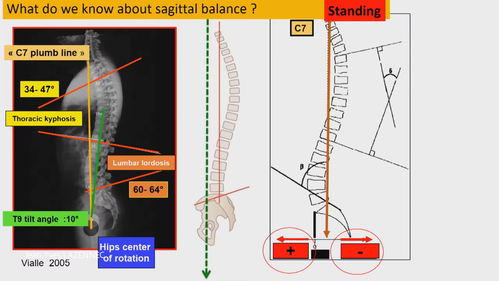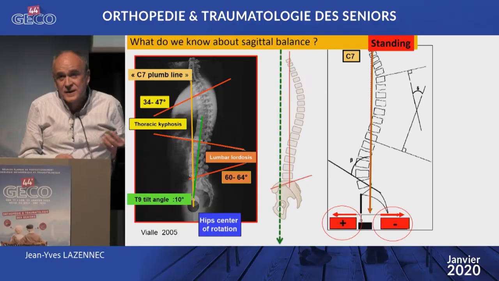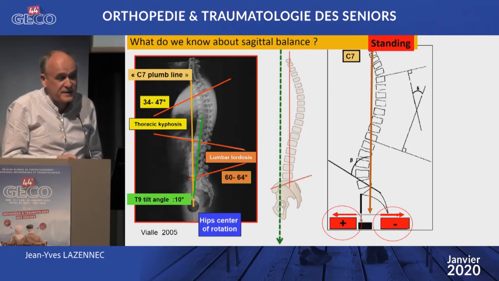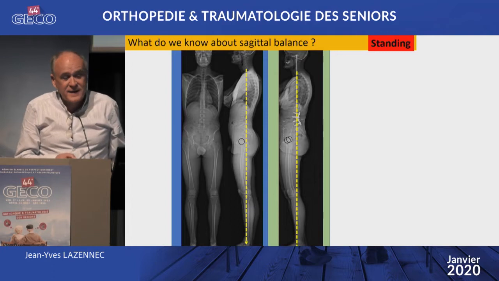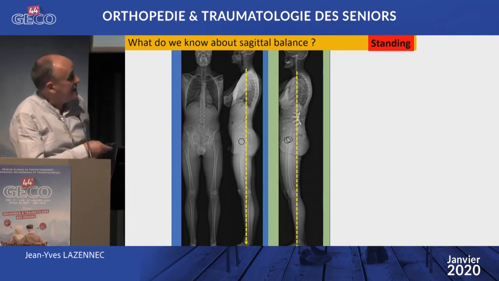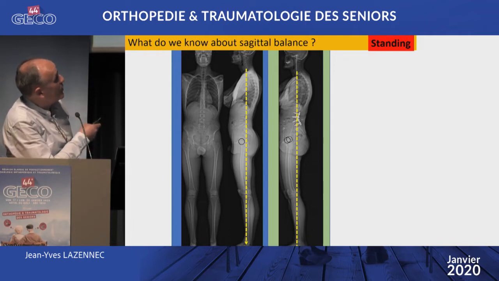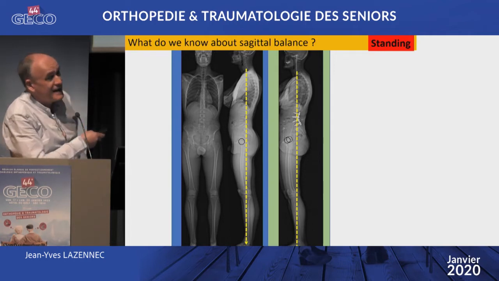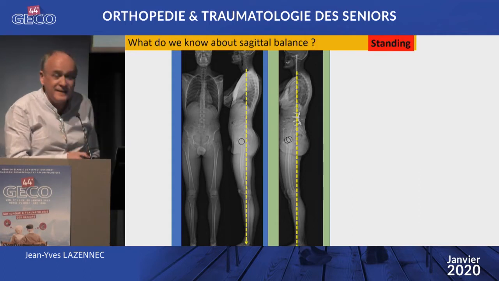So what do we know about the standing sagittal balance? In the standing position, we call it the C7 plumb line, which will go either to the front or in the back, and lordosis for standard patients, we would say. This is a patient who had surgery, and you see this plumb line, which is behind the femoral heads.